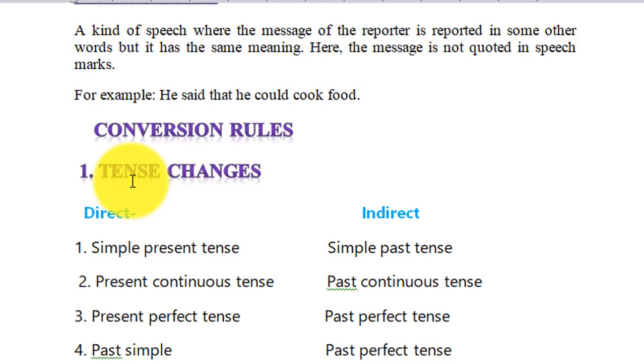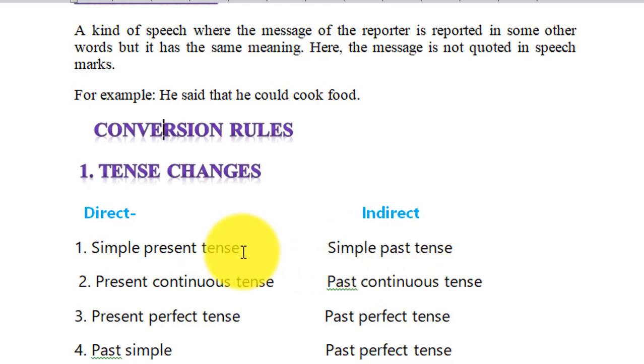Look, unless we change all the necessary things, we cannot convey a complete meaning. For example, with tense change, the time when the direct speech was spoken and the time when I report what he said are different, so the tense must be changed. The first one is that the direct speech is simple present and the indirect speech should be simple past.